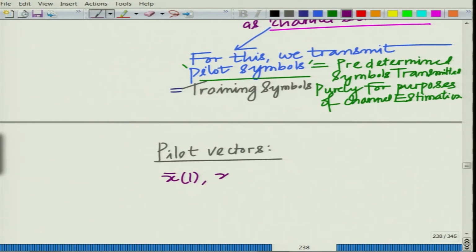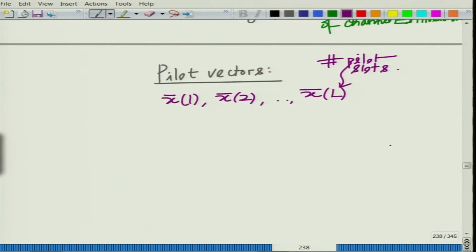x bar 1, x bar 2, x bar L, where L is the number of pilot vectors, or roughly this is also called the number of pilot symbols, although each symbol is a vector.